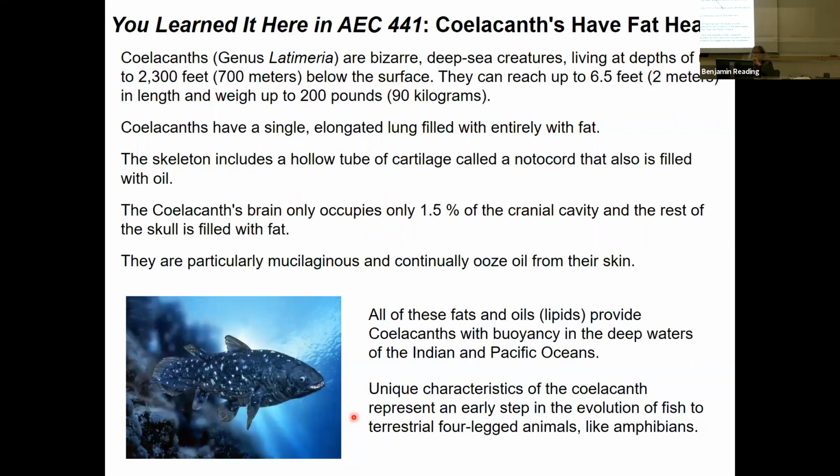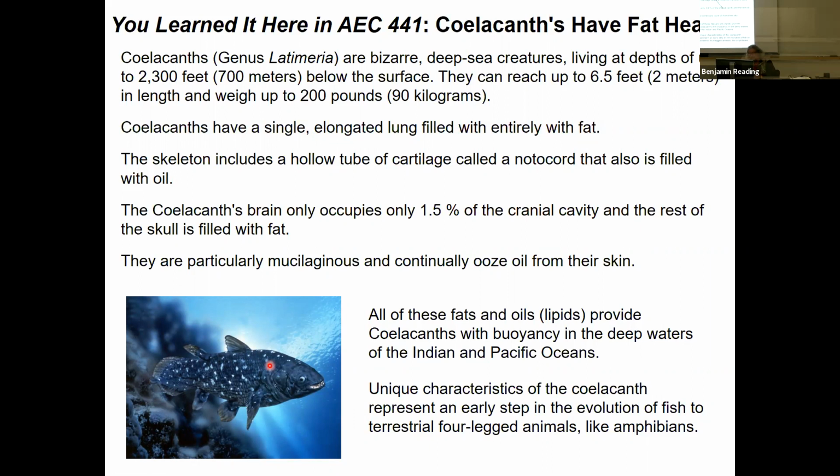But coelacanths live very deep, 2,300 feet below the surface. So again, they are not going to have a physostomous swim bladder that they're going to swim all the way to the surface just to fill with air. That's a waste of time. They have a single elongated swim bladder that they actually fill with fat.